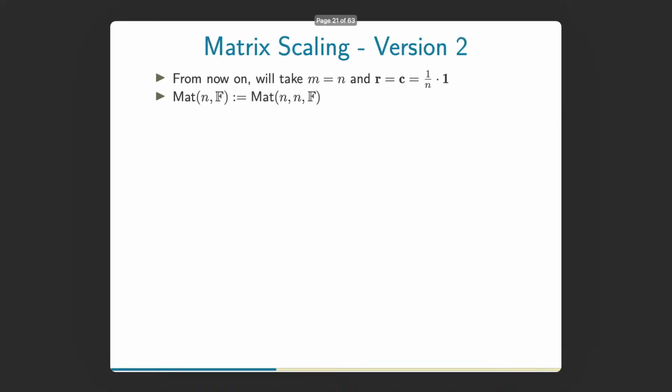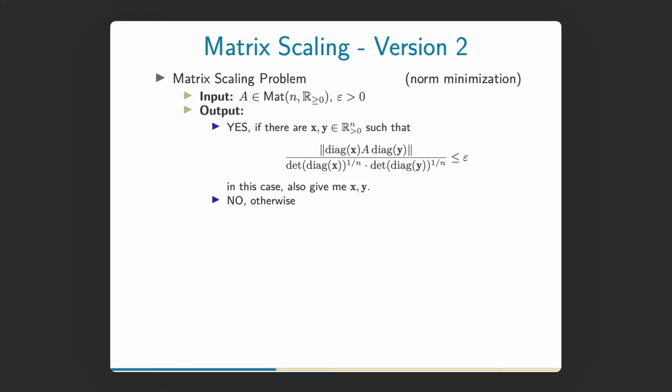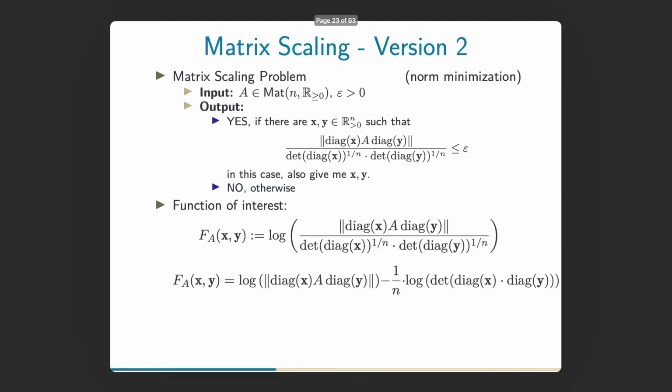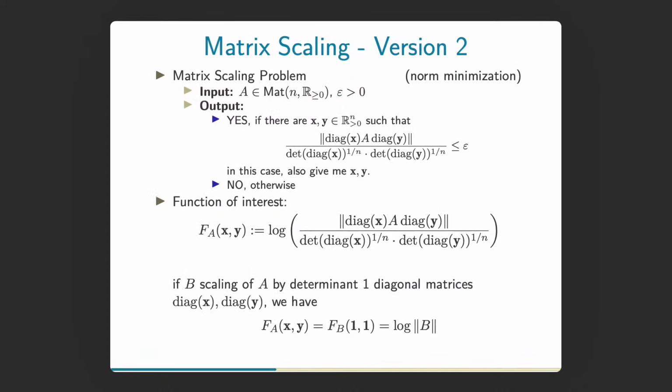Now I'm going to switch again to my different problem, which is this norm minimization problem. Again, I had that function that is the log of the norm. Here's just an observation: if B is a scaling of A by determinant 1 diagonal matrices, this ugly term disappears, and this is exactly B. So f of A, when I scale by x and y, just becomes f of B if I don't do anything.